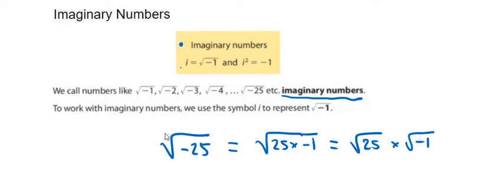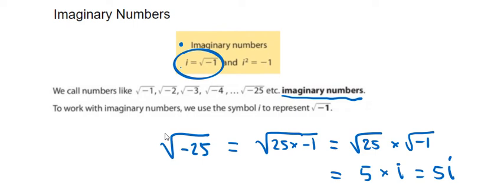I'm just using rules of surds and rules of square roots. We know that the square root of 25, a positive 25, is 5. And then looking at our rule, I equals the square root of minus 1, that's 5 multiplied by I, because I can put in an I instead of the square root of minus 1. So that's 5I. 5I is an example of how we get an imaginary number.